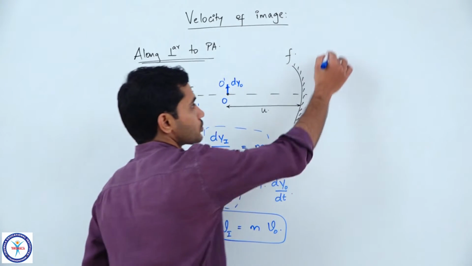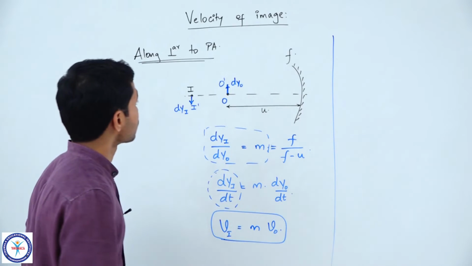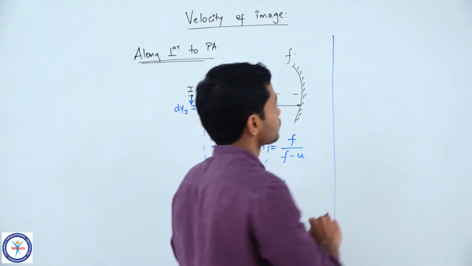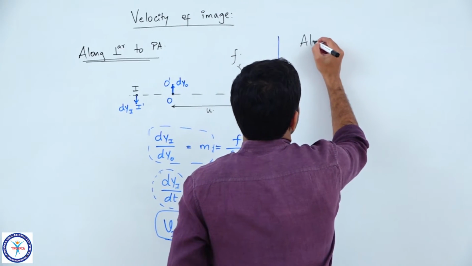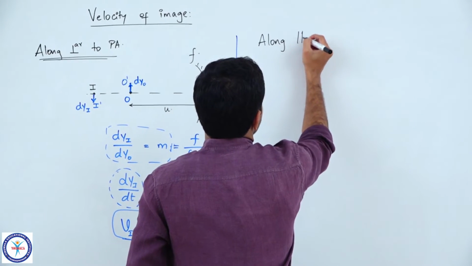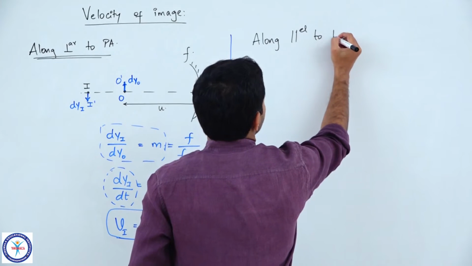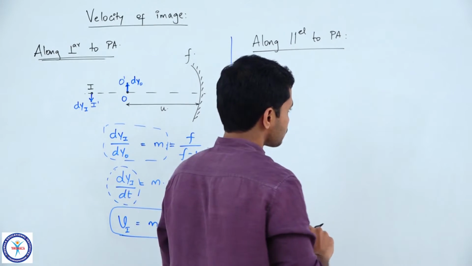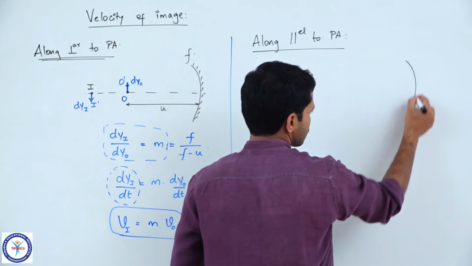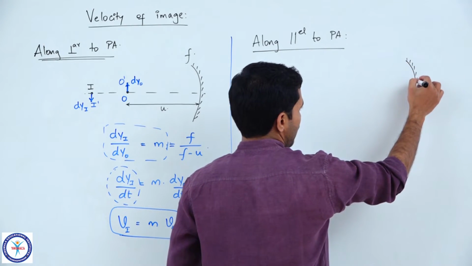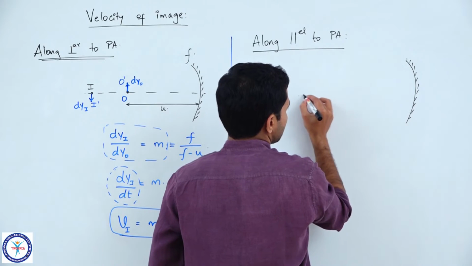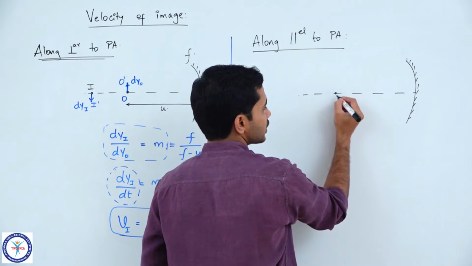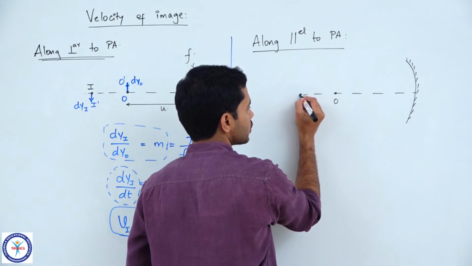Now, let us do the derivation for motion parallel to the principal axis. Okay. So, let us say the object is over here and the image formed is over here.